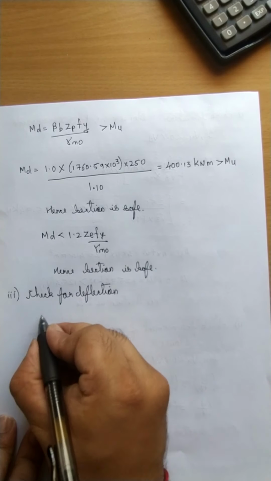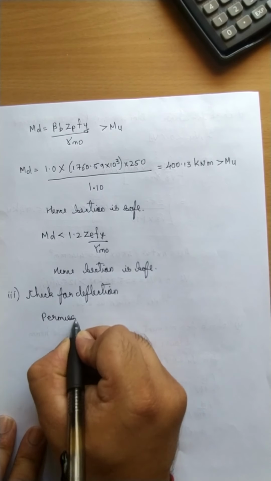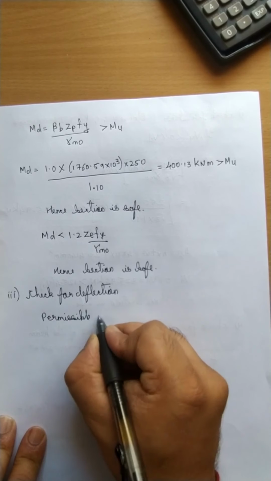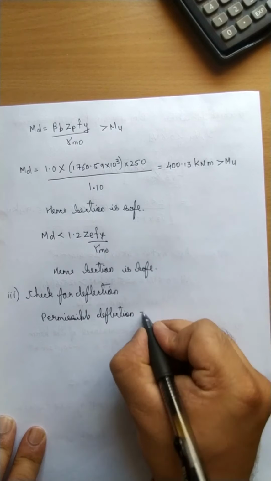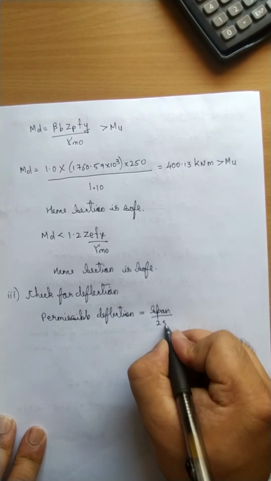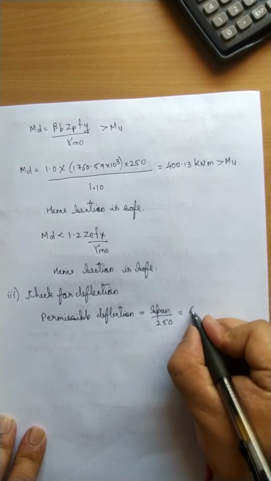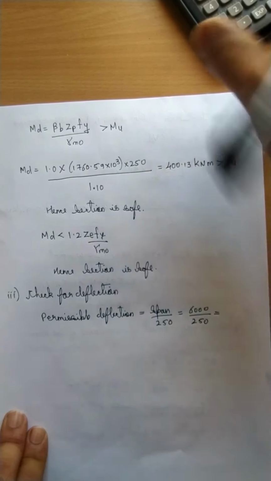First we shall calculate the permissible deflection, which is given by span divided by 250. We know in the question the span is 6 meters, so 6000 divided by 250.